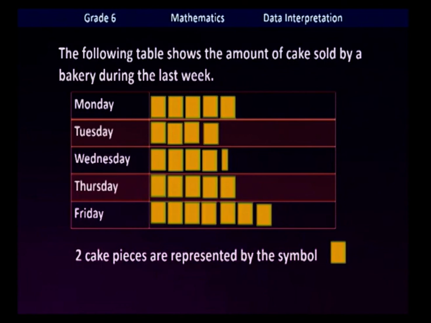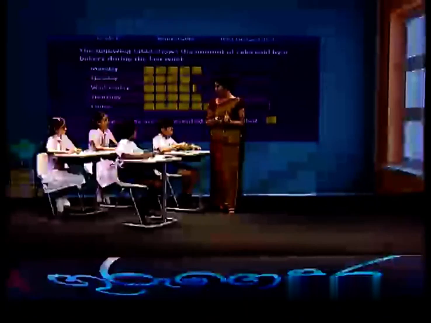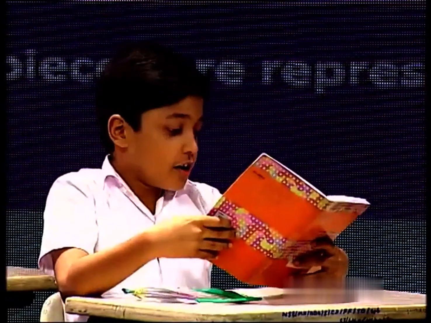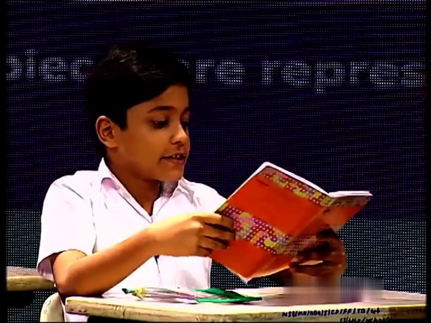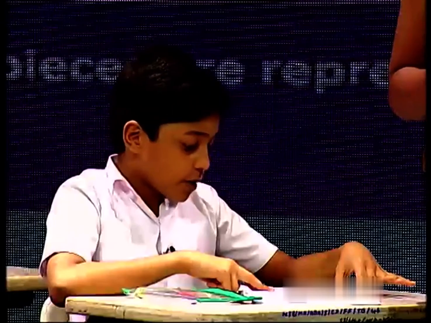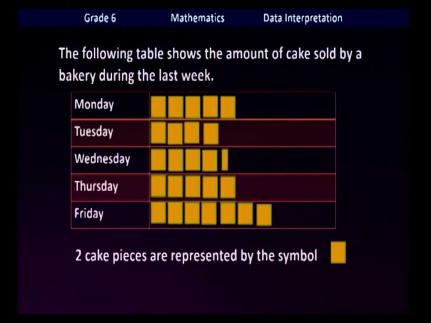Then ask another question. Now your question. Teacher wrote it. When they sold the lowest amount of pieces of cake. He has written it. Then what is the question? When they sold the lowest amount of pieces of cake.